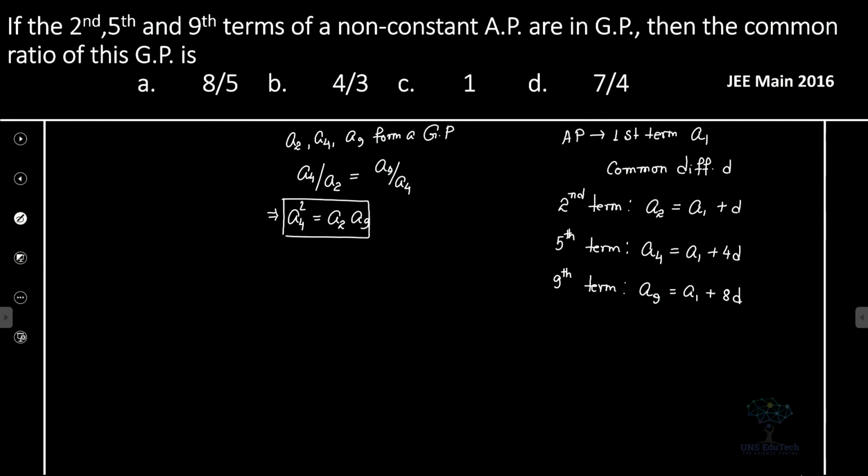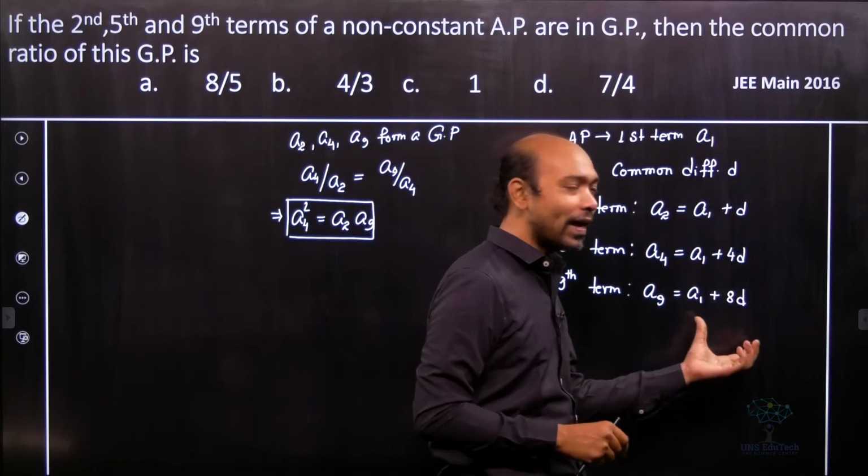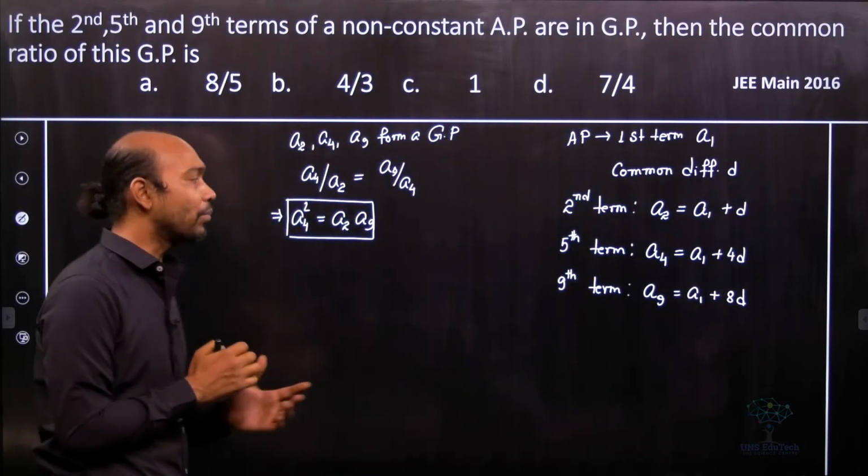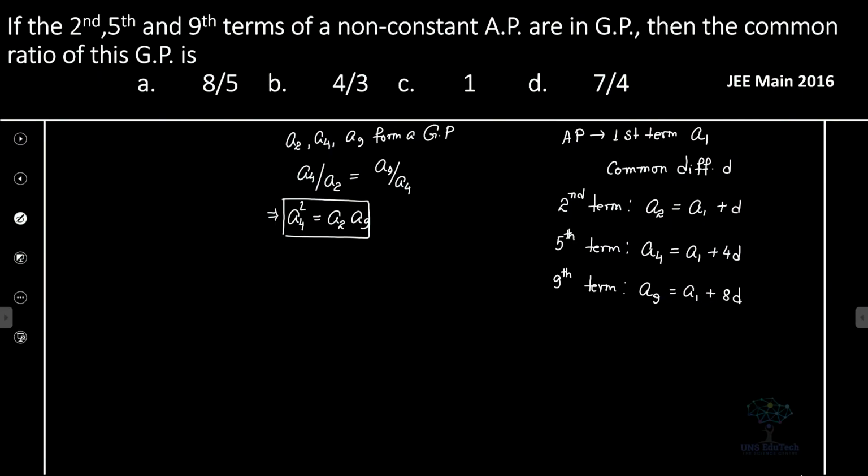Now see that in this case we calculated all the values, so we just substitute in the appropriate places. It implies that (A1 plus 4D) whole square is equal to (A1 plus D) times (A1 plus 8D). So let's multiply it now.